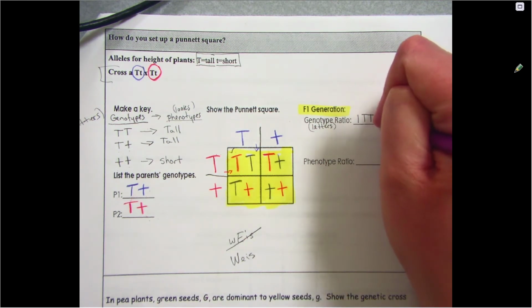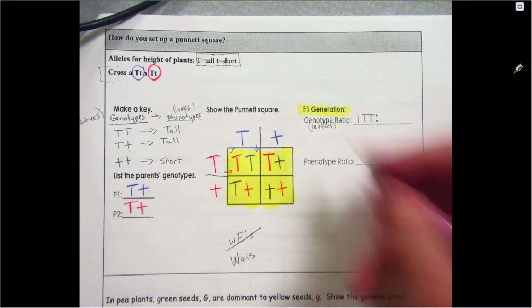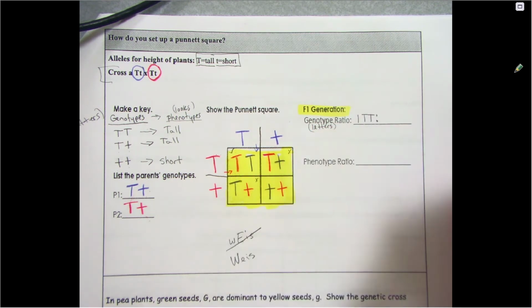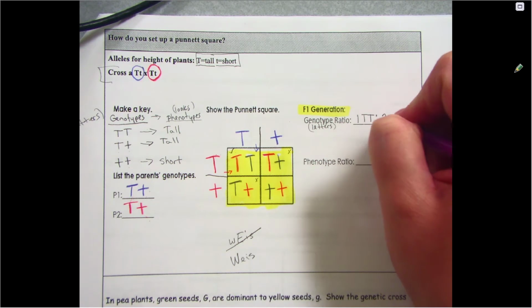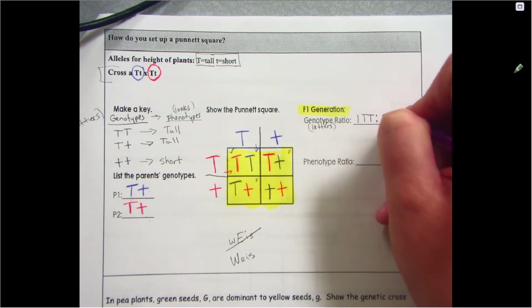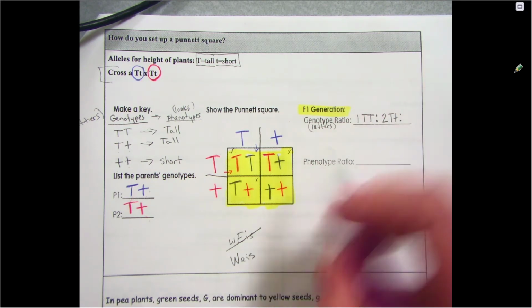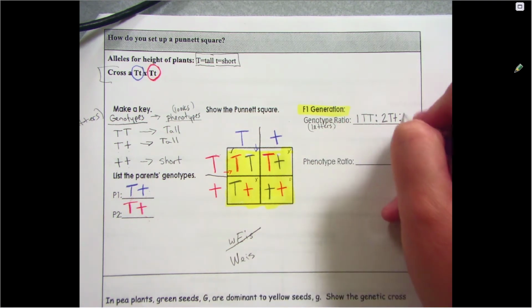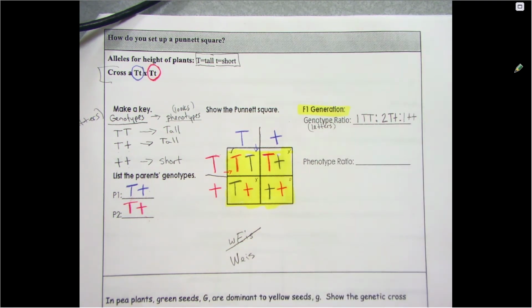My second one is big T little t. I've got a big T little t here and a big T little t here. So that's 2. And finally, little t, that is right there. I've got 1 little t.